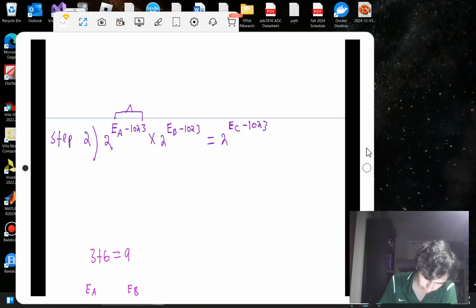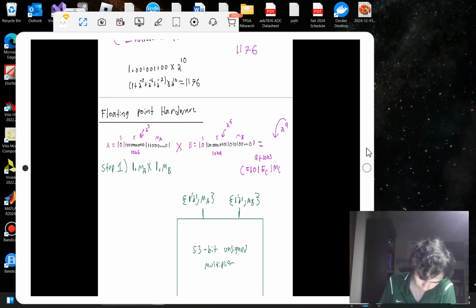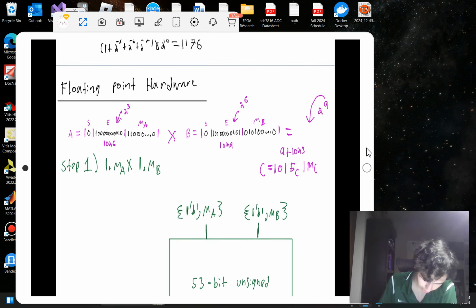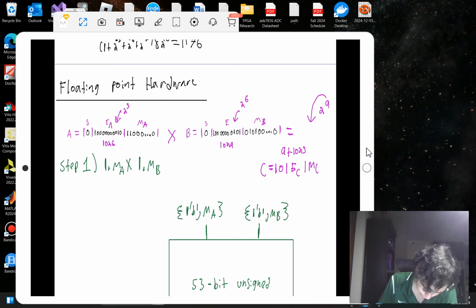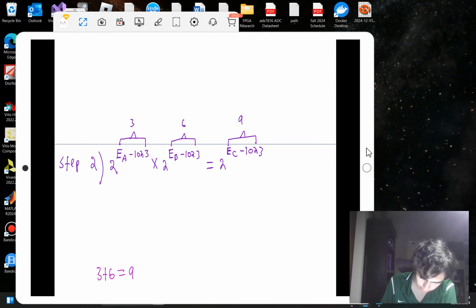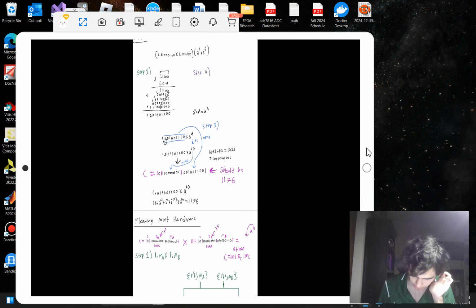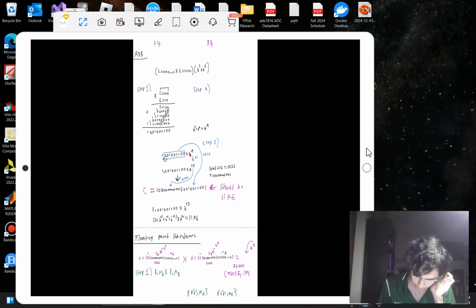Because remember, this is the encoded value for 3. This is the encoded value for 6. This is the encoded value for 9. And it would be nice if we were given just 3 and 6 and 9, but we're not. In our input value, we're given EA and EB. And using what we're given, we have to calculate the encoded value for that, which is this one right here.